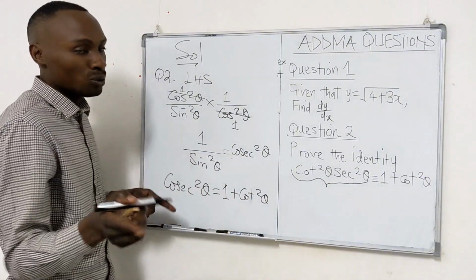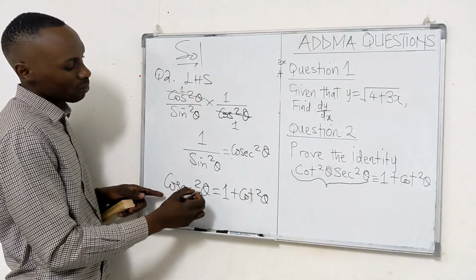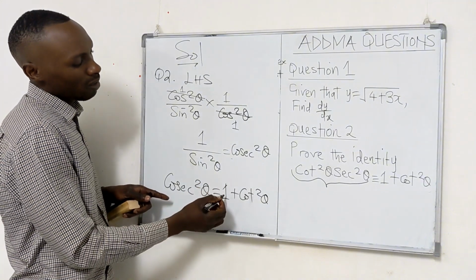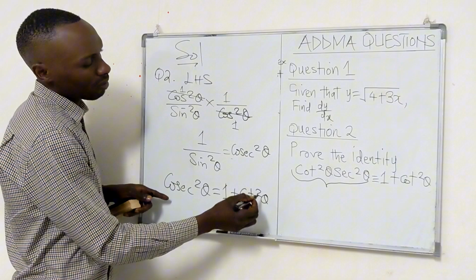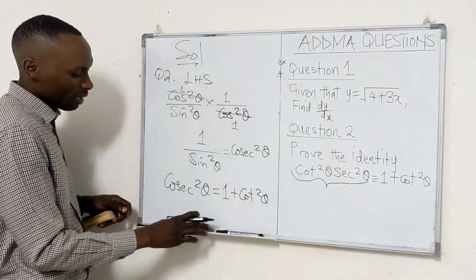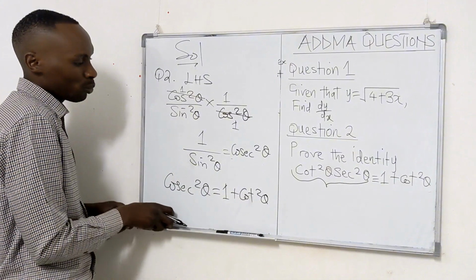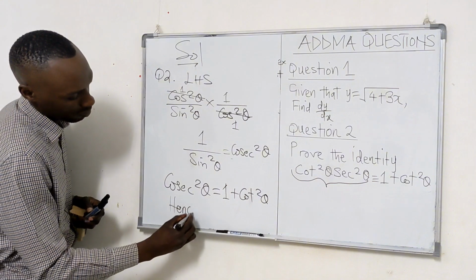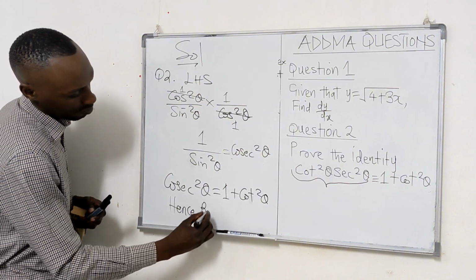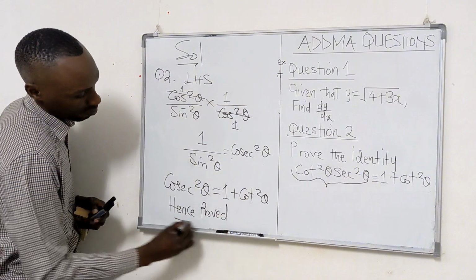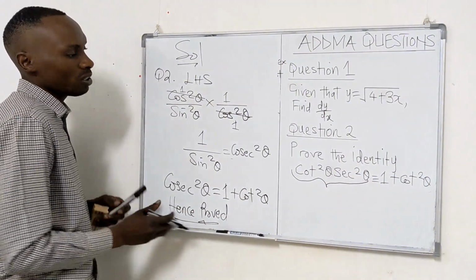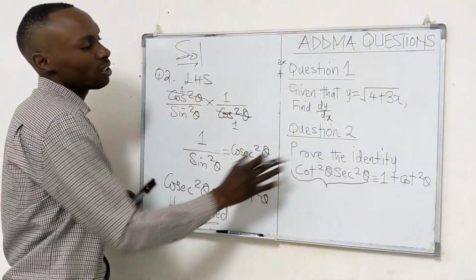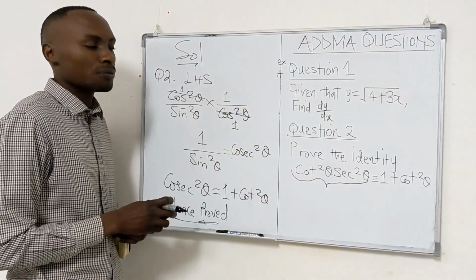And earlier on, we also talked about cosec squared theta. It's just the same as 1 plus cot squared theta. So, hence proved. So this here is just the simple solution to this question here.